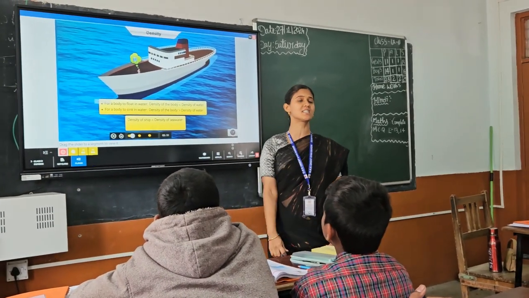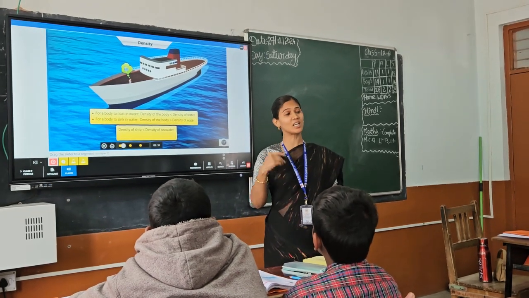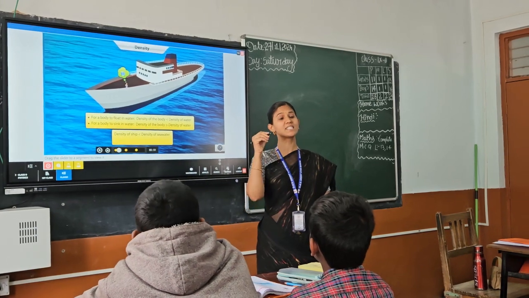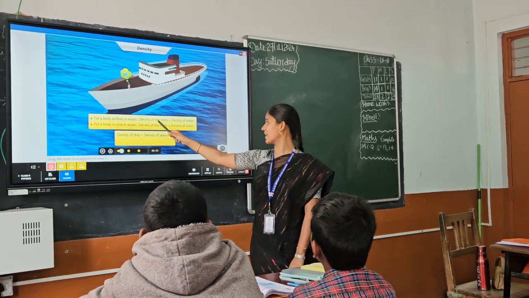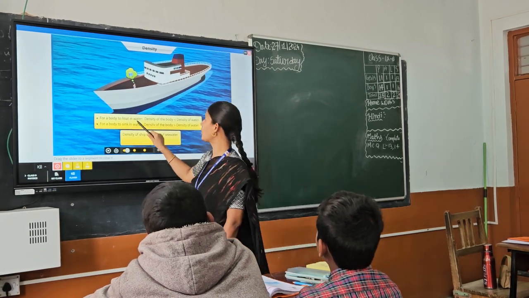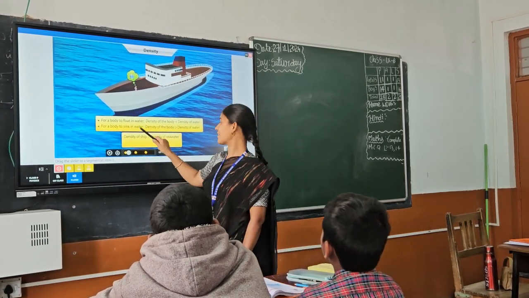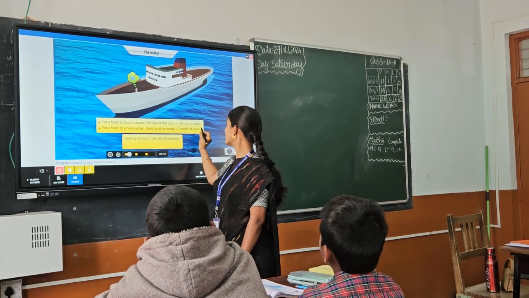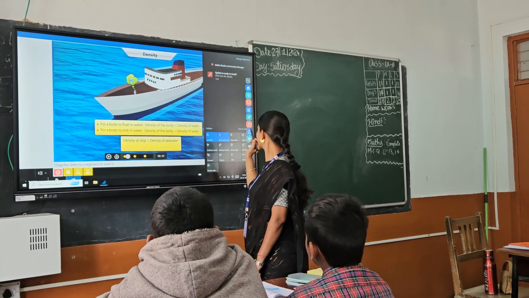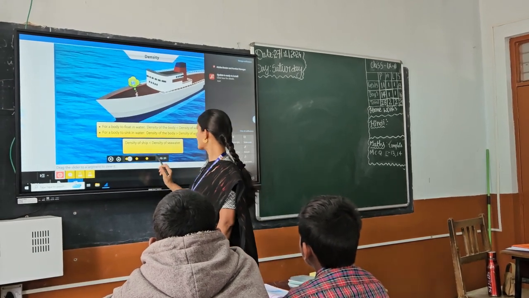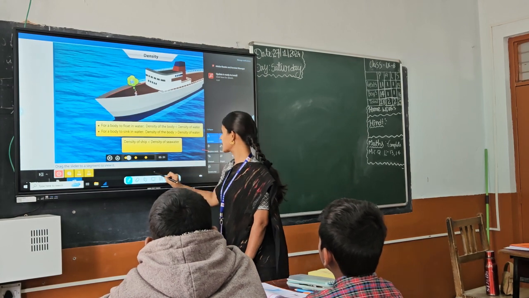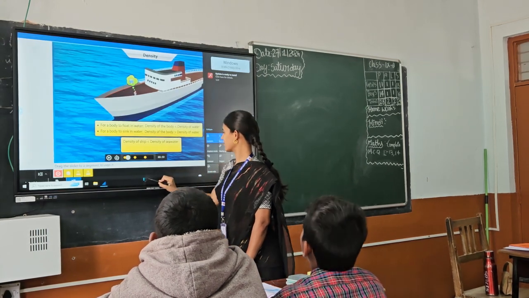Its density is less than water, or greater than water? Greater. For floating, what is the condition, children? Density of the body less than density of water.